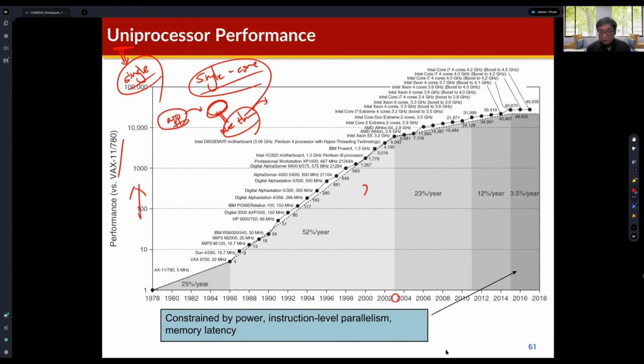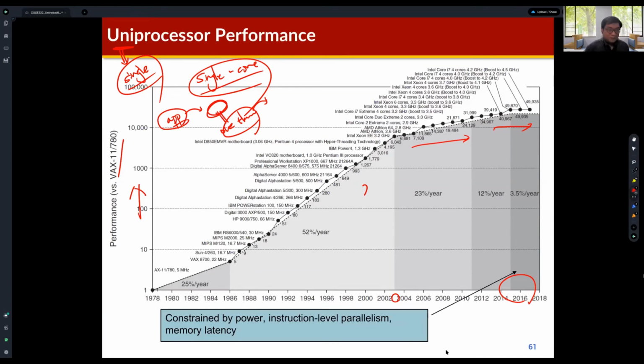And then the slope of the graph decreased. Recently, the performance of a single processor is nearly constant.